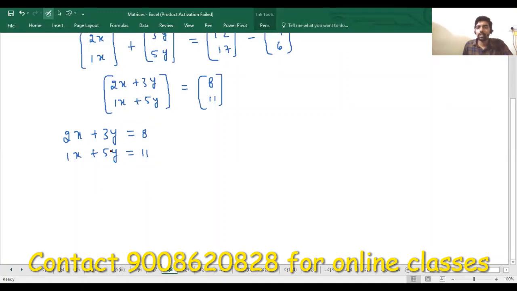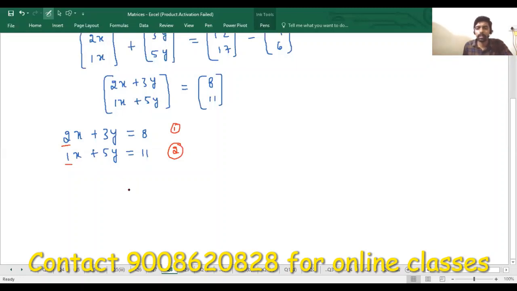So to solve these two under simultaneous linear equation method, first of all, I'll name these two equations. This I'll call equation 1 and then I'll call this equation 2. Now, the coefficient of any one variable, either x variable or y variable, must be same, correct? So here x coefficient is 2, here x coefficient is 1. So now tell me guys, how to make these two same?